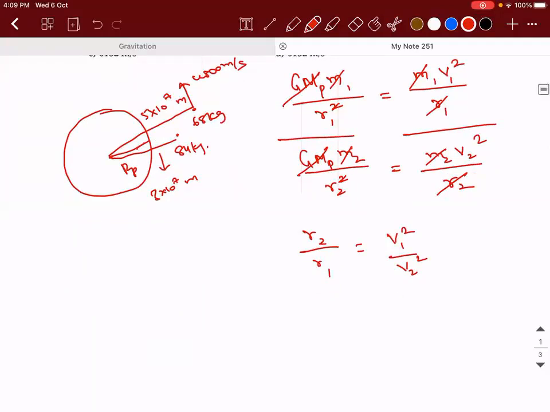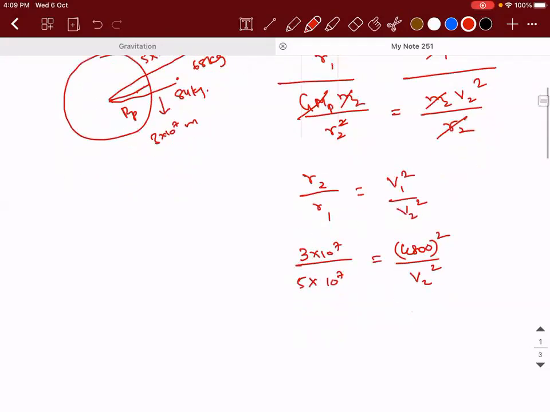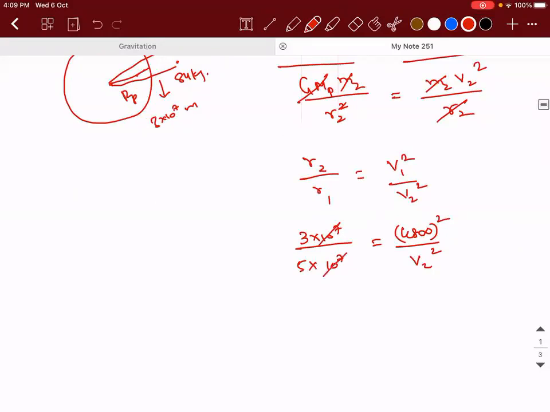Right. What is R2? 3 into 10 power 7 divided by R1, which is 5 into 10 power 7, is equal to, what is V1 square? 4,800 square divided by V2 square. This will be 4,800 into 4,800, the whole divided by V2 square. This will be how much? 1,600.